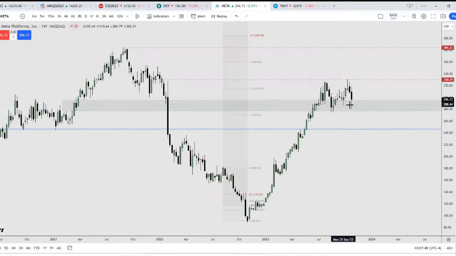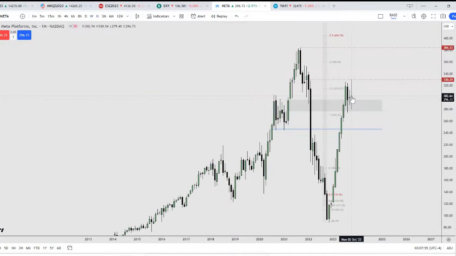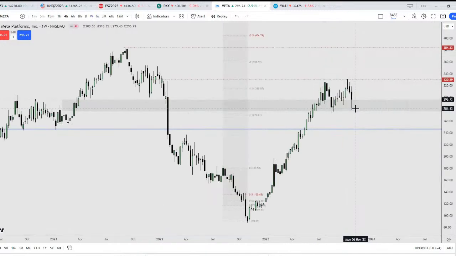But the fact that it has closed above this BPR, I'm not too interested in Meta, just basically saying what I see here. So yeah, not interested. But these are the levels that I'm looking at.